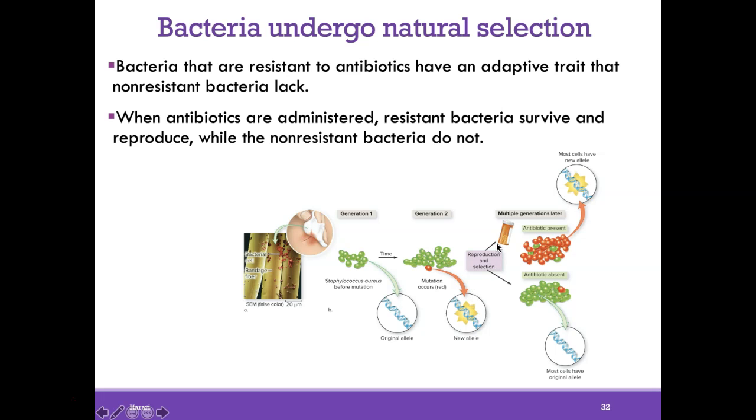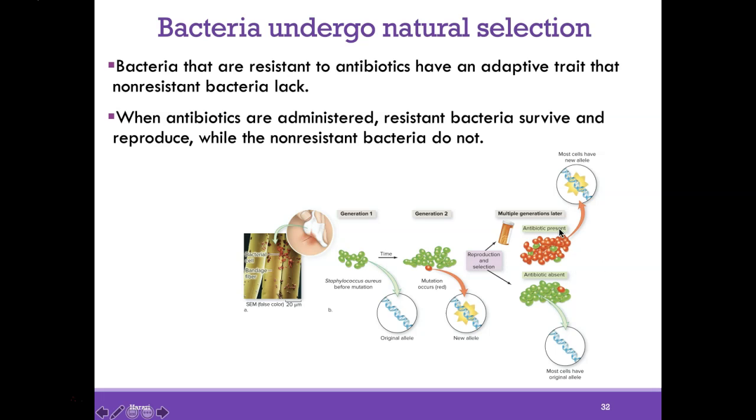So if I were to administer antibiotics, what's going to happen is the resistant bacteria in red will survive and reproduce. The non-resistant bacteria will be killed by the antibiotics, and they will not. So after just 24 hours of antibiotic treatment, you have a population of bacteria that has a different allele frequency than the starting population.